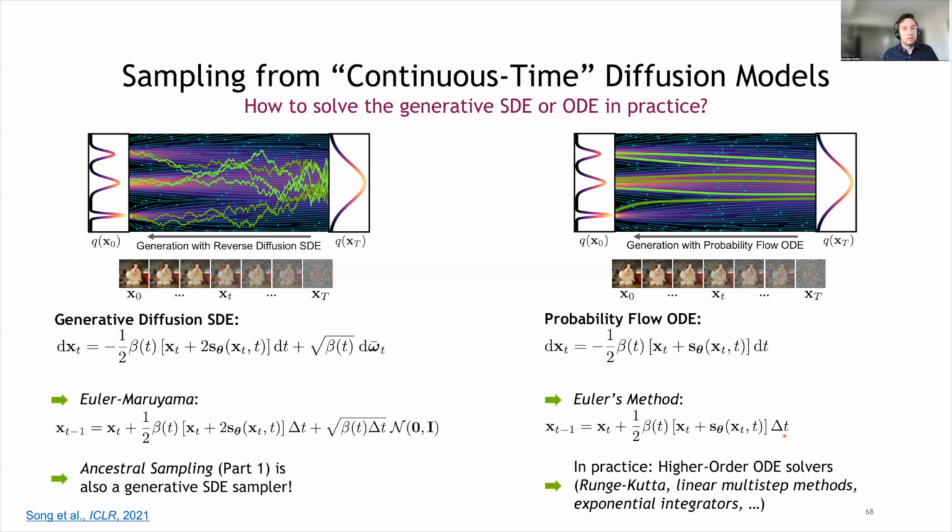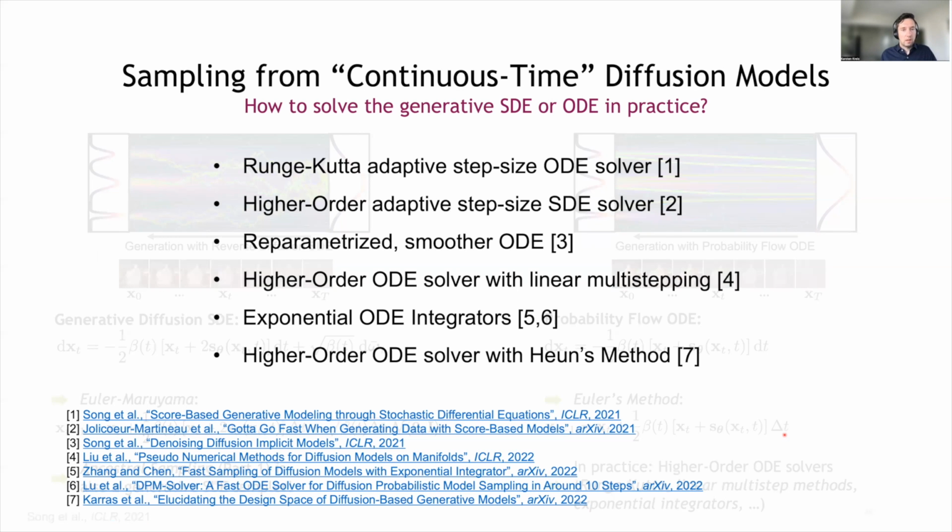In practice, as I mentioned earlier, we can really build on the advanced ordinary differential equation literature and use much better solvers and higher order methods in particular. So what we see, for instance, is the use of Runge-Kutta methods, of linear multi-stepping methods, exponential integrators. In fact, there is a lot of literature in that direction. Like I just said, adaptive step size Runge-Kutta methods have been used.